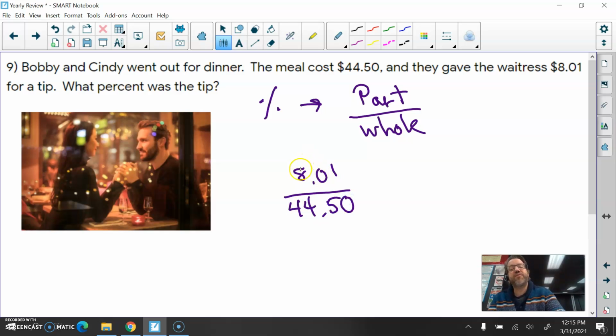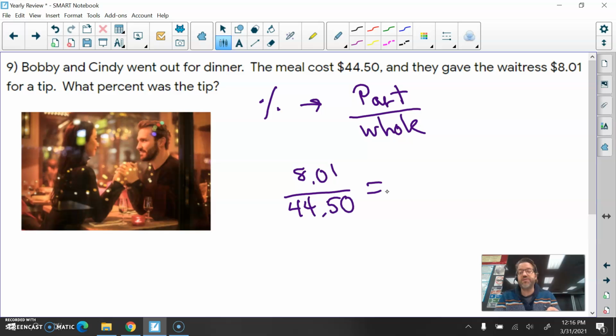Now I know this $8.01 isn't part of that. It's being added on to it. It's a tip. But if you divide these, that's going to give you a decimal value, which we then can change into a percent. So I have my calculator here. I'm going to take 8.01 divided by 44.50.